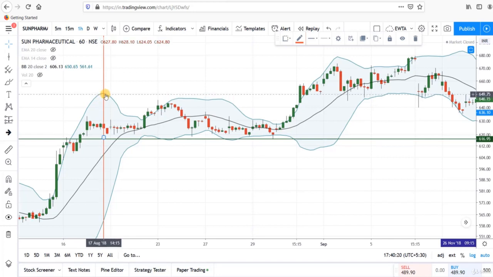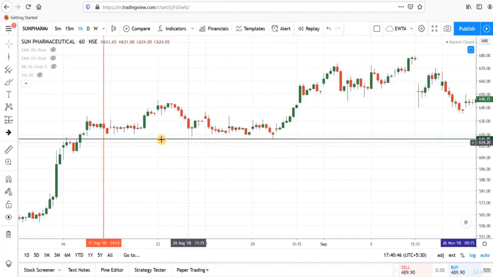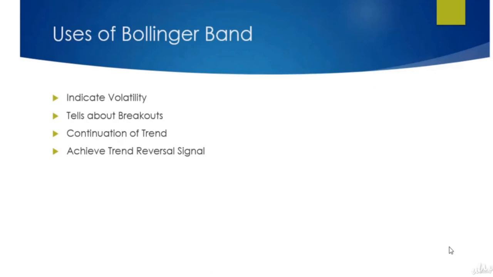From this point, Bollinger Bands are coming close to each other. So it indicates that volatility is going to decrease now, and after this point there is a sideways movement in the prices. So in this range, when Bollinger Band is going sideways and volatility is low, we shouldn't trade the stock.